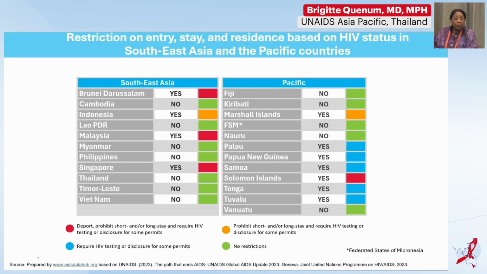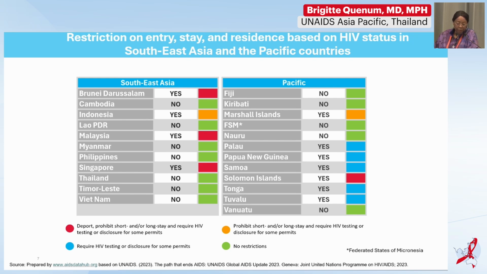In relation to the first top reason of why migrants are being left behind, we are showing this slide related to restricted laws and policies.